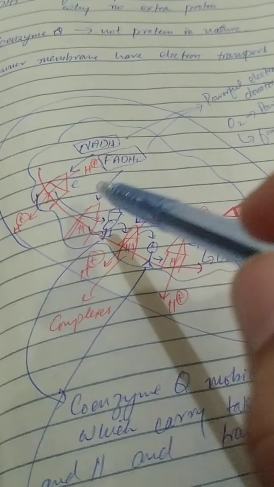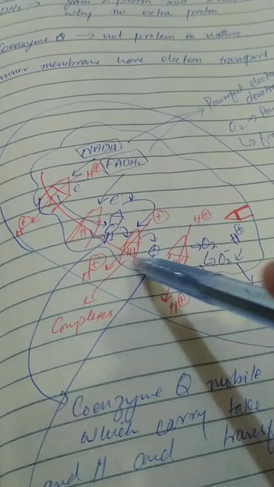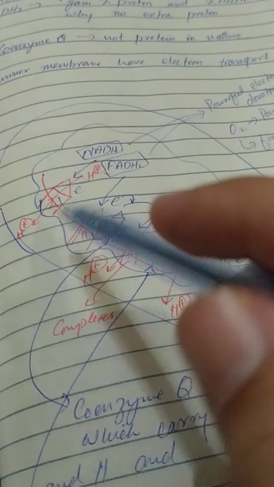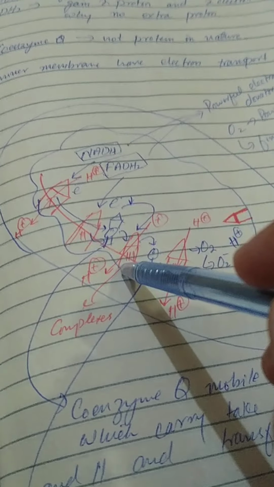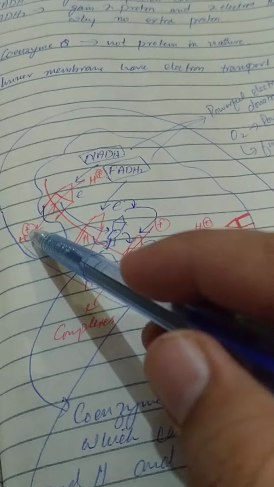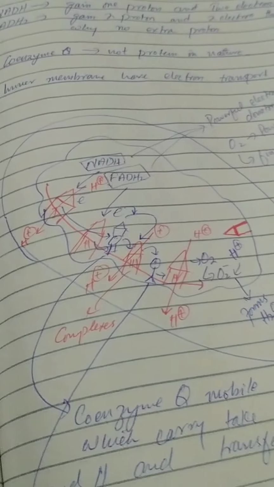This process doesn't take place at complex 2. Okay, now if we have more electrons coming through this process, we have more energy and our complexes will be more energized, and if our complexes are more energized, more protons will get out to the intermembranous space. Now the main point is, where does phosphorylation actually take place?